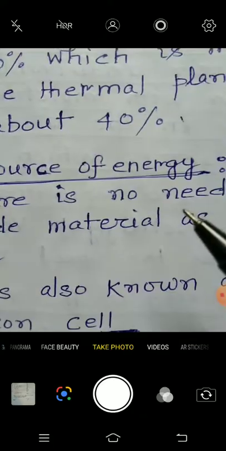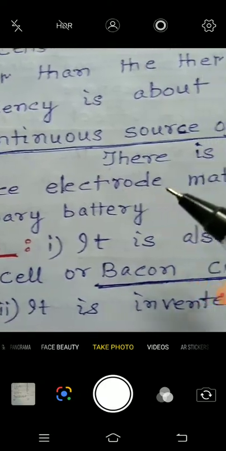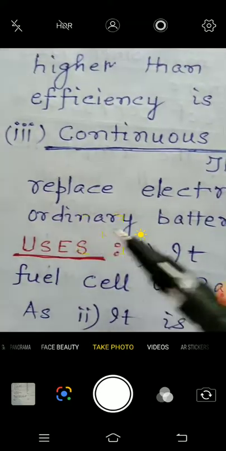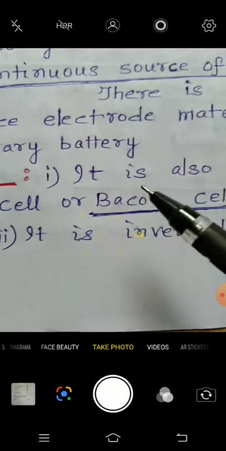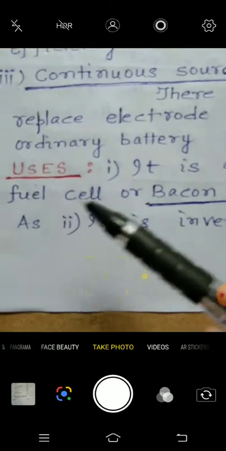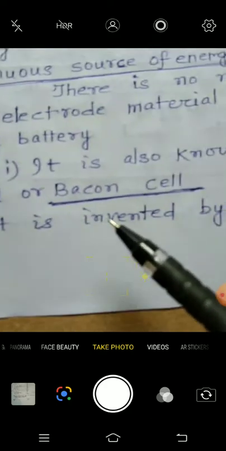So there is no need to replace electrode material as ordinary batteries require. It is also known as H2-O2 fuel cell or Bacon cell because it was invented by Bacon.